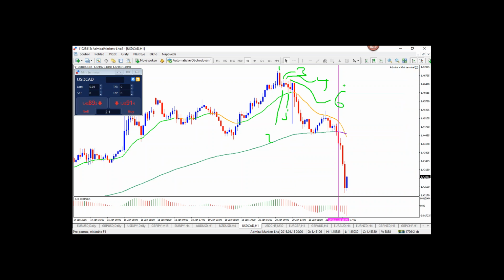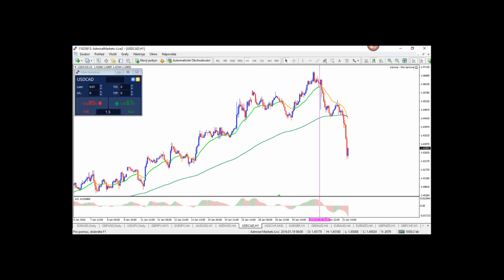So at this point, I am not going to be fibbing anything on a lower time frame than an hourly, because the momentum to the upside is over. So I won't be fibbing anymore on lower time frames. Well, in fact, I wouldn't even fib it on the hourly because there's only a single divergence. Okay. So I thought there was a double. If there's double divergence, I wouldn't put a fib on it anyhow.